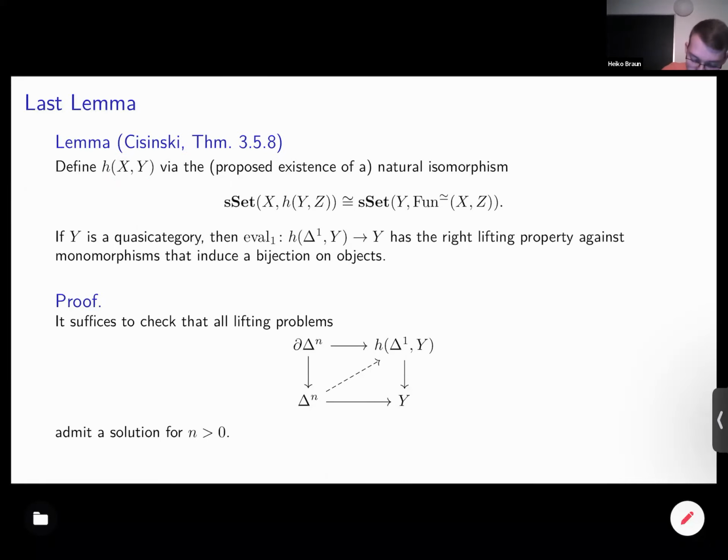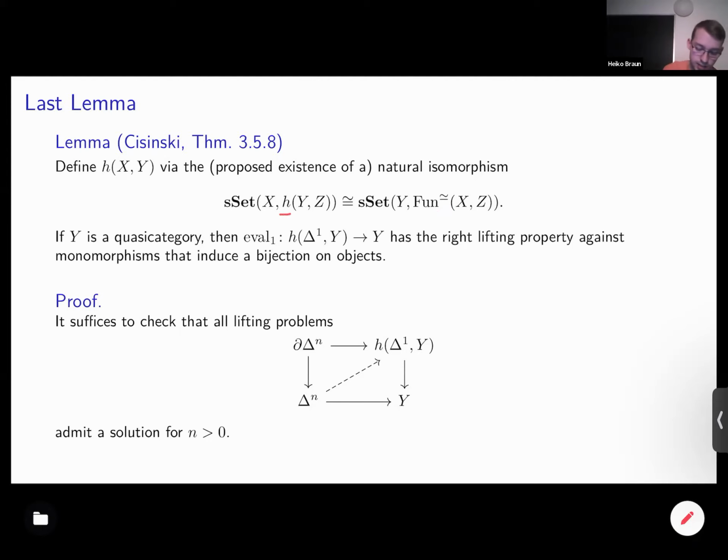So we have flipped around the X and the Y. If this adjunction holds, we can also describe both of these explicitly. H will be a simplicial subset of the functor category, functors from Y to Z or X to Z, whatever. But it's slightly different because this is a wide subcategory where we take all the functors and only the object-wise invertibles as transformations, and then whatever we must do for making it a simplicial set.